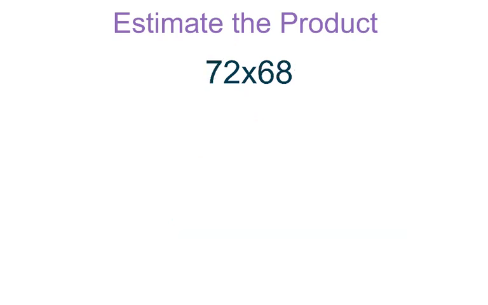Here's our next one. Go ahead and estimate the product. 72 times 68. Round and multiply. If we rounded 72, 72 would round to 70. 72 is closer to 70 than 80. Times 68 would round up to 70. 68 is closer to 70 than 60. Our 8 would make us add one more.